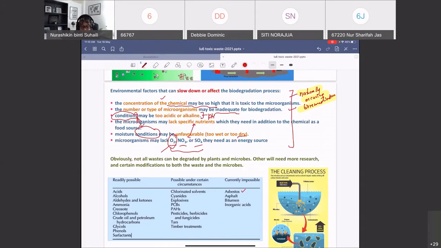This is actually from the years before, but as the years go by, new discoveries are found. Some researchers have found that bacteria can degrade, for example, bitumen. So perhaps in 5 or 10 years' time, you can see that the information is increasing, and the knowledge about biodegradation will be better than in previous years. Like this one, asbestos: I think there is already research done on asbestos.